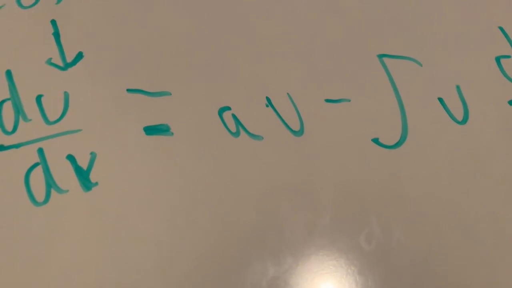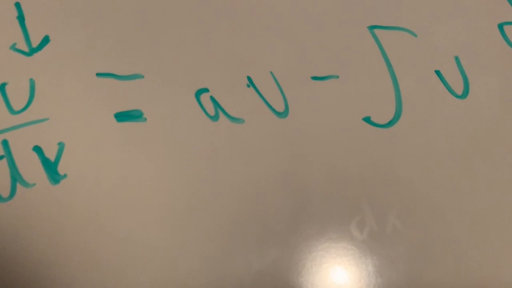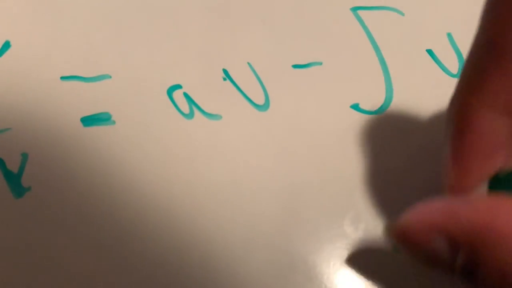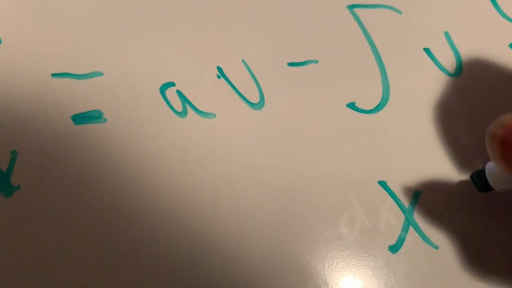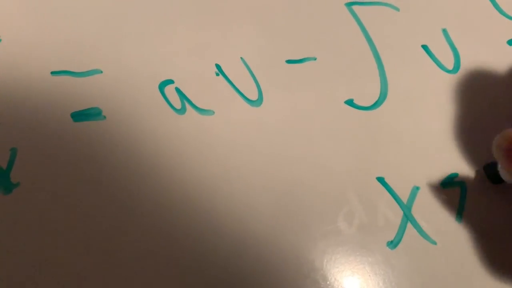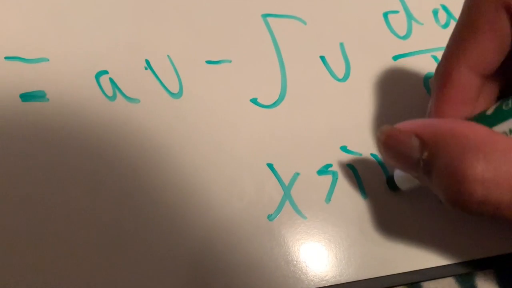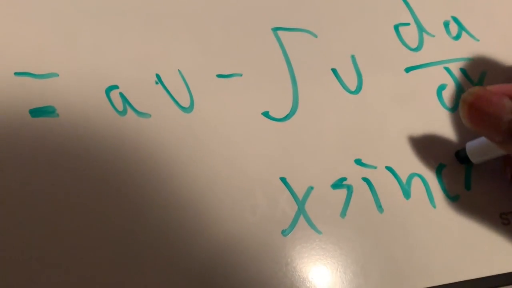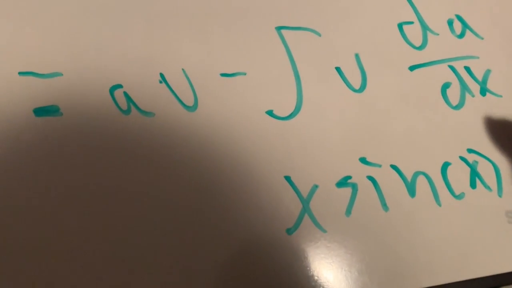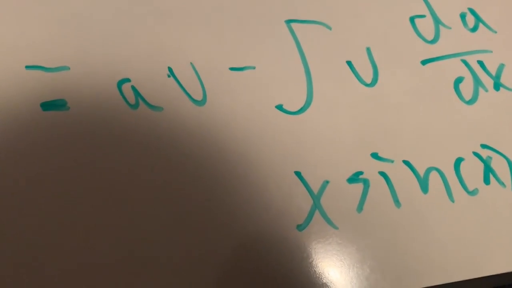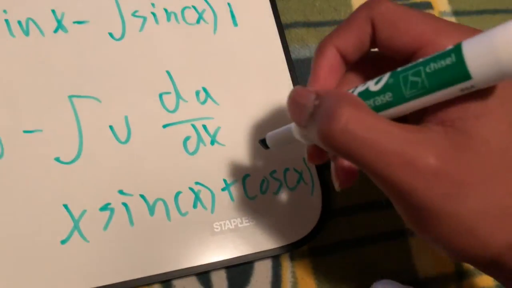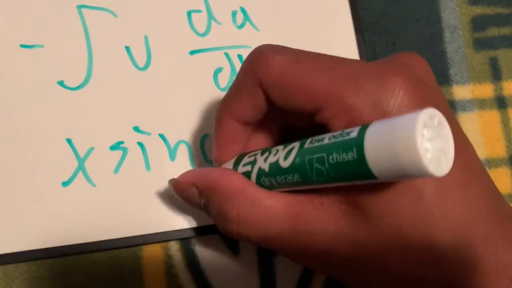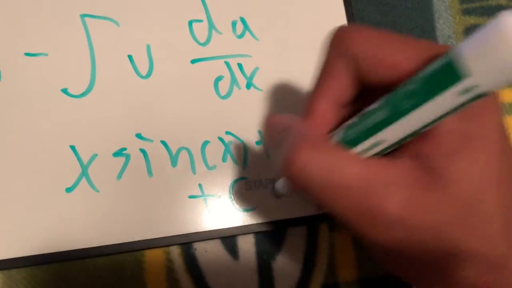The integral of sine of x is negative cosine of x, and then x sine of x minus negative cosine of x, which really is plus cosine of x. And don't forget that plus c, folks. Easy mistake to make.